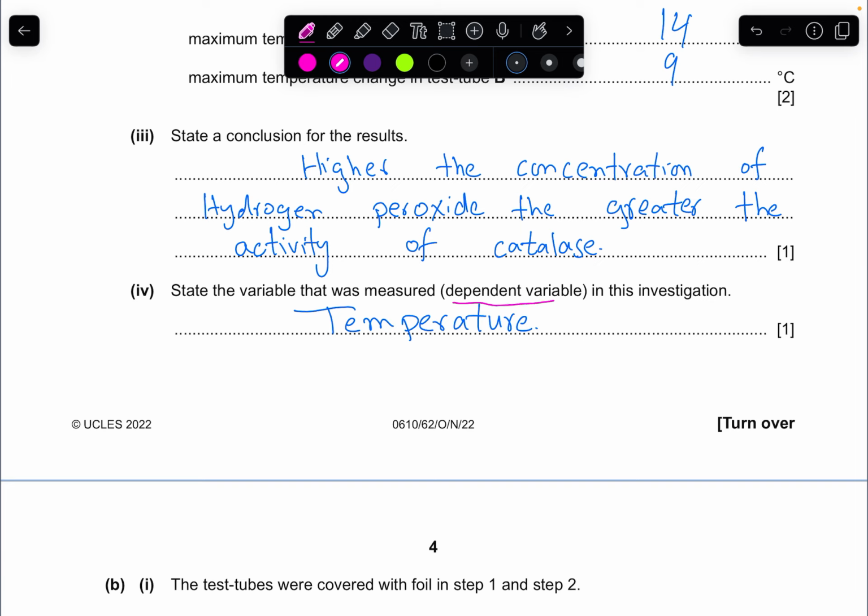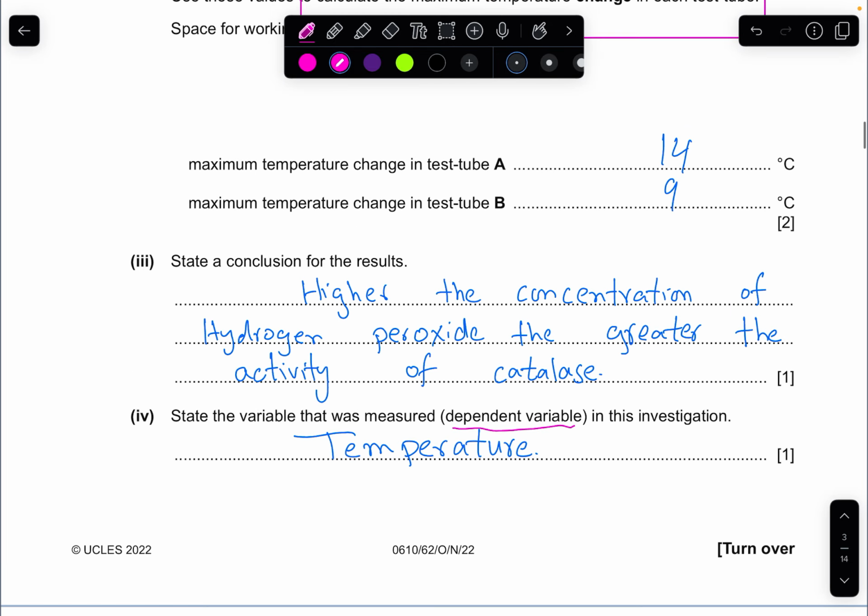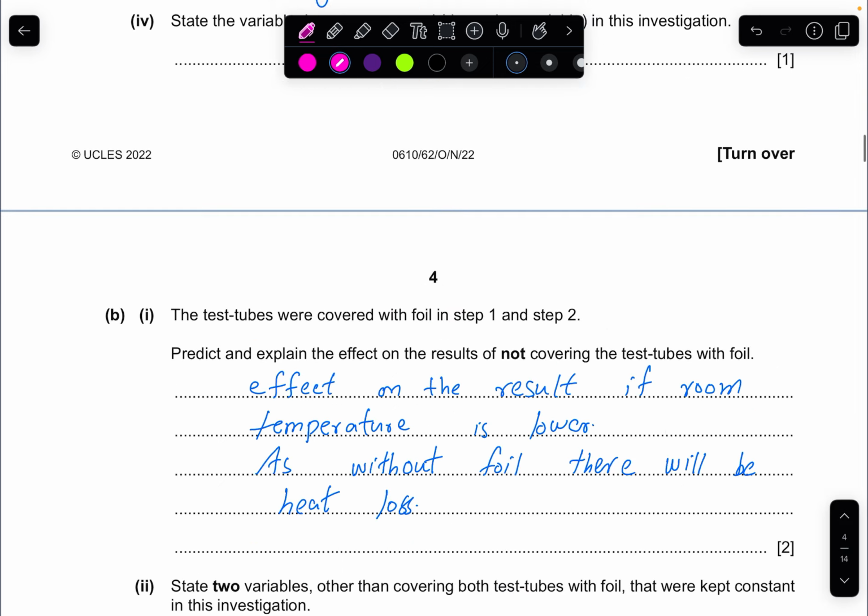The dependent variable, what we measure in this investigation, is the effect of temperature. So as the temperature increases, the activity increases, and after the optimum temperature, the activity will decrease, because the high temperature can denature the active site of the enzyme and there will be no increase.